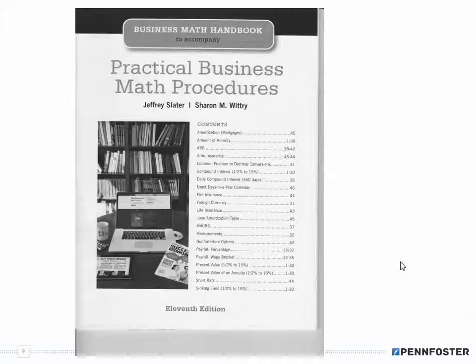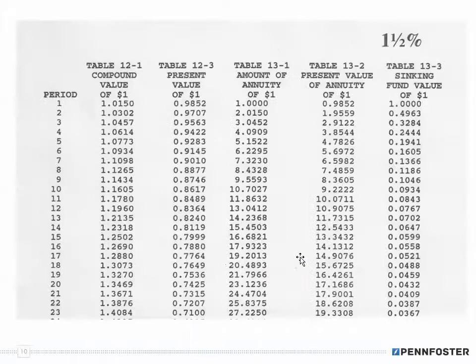Or if we went down to the business math handbook, we would be looking at the present value, which would be on pages 1 to 30, and we would look for the page that had 1.5%.